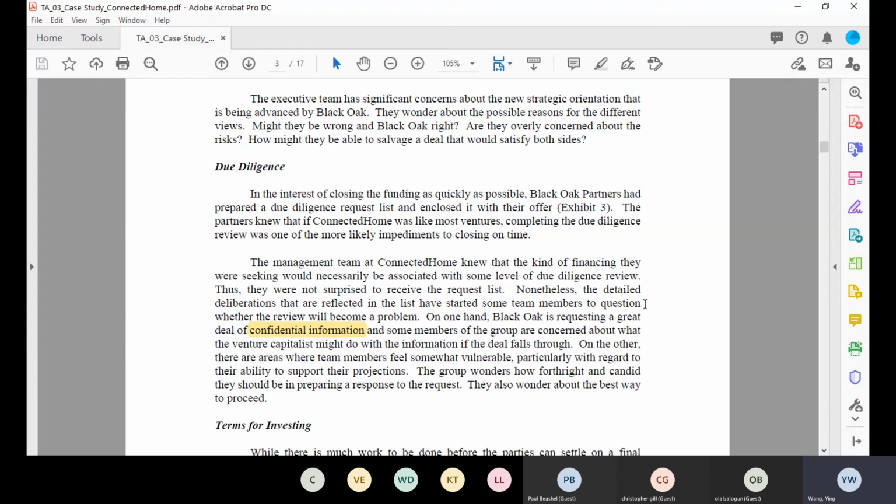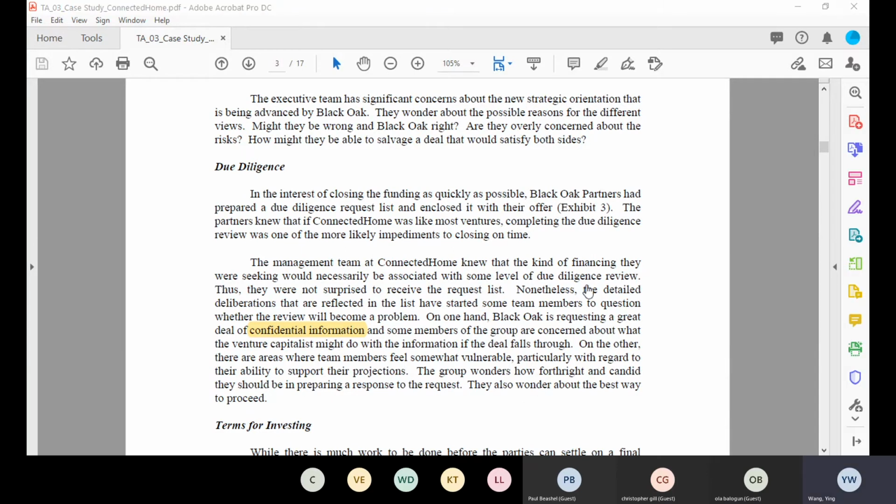They prepared a due diligence request list to send to Connected Home, but the management team at Connected Home has a lot of concern because it includes a lot of confidential information. If that is what they want, and they want the investment, what should they do?